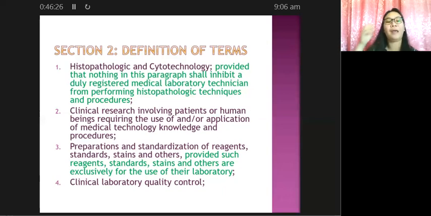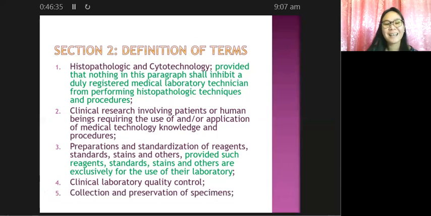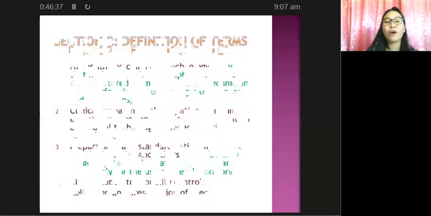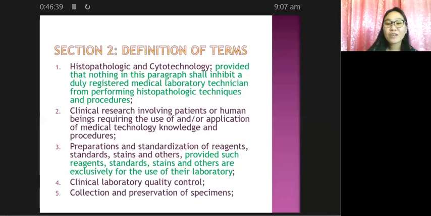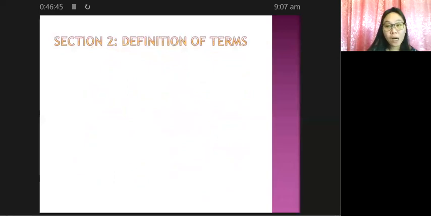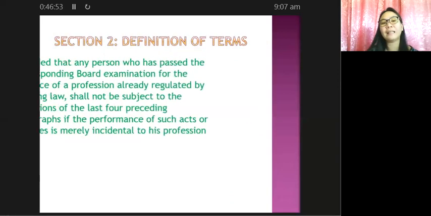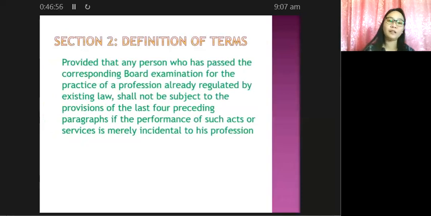It has to be in connection with your work for the use in the laboratory at which you are working. Another, we have clinical laboratory quality control. And of course, last, I'm not sure if this is the last, collection and preservation of your specimens. So all of these are the works or jobs of medical technologists. There is another proviso at the end of this particular term.